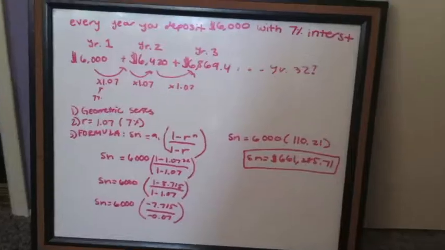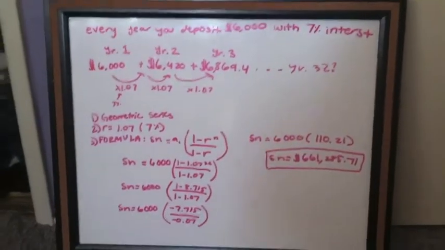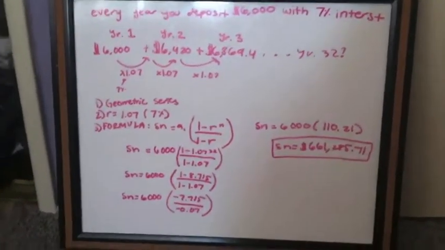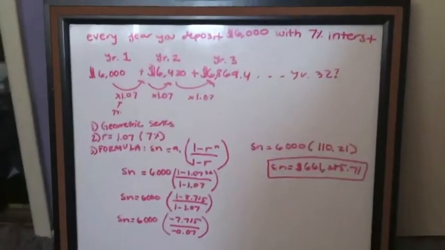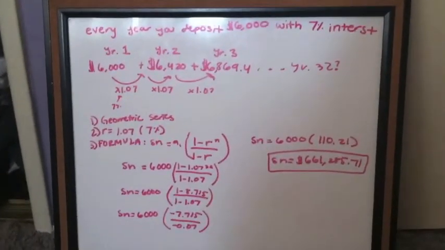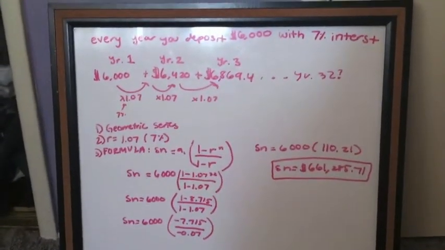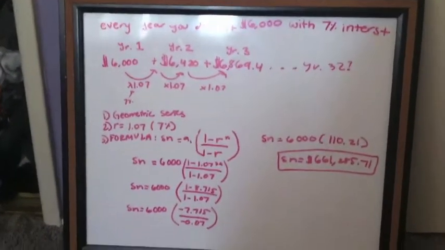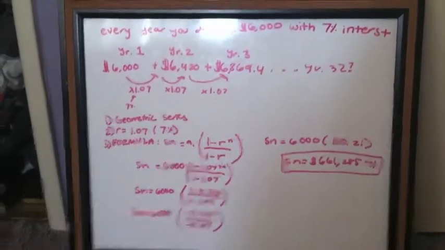So in this problem, we're talking about retirement investments and what we're trying to look into when you retire. So every year you deposit $6,000, but there's 7% interest. So year 1 you start with $6,000, then you basically multiply by 1.07 because that represents the 7% interest.